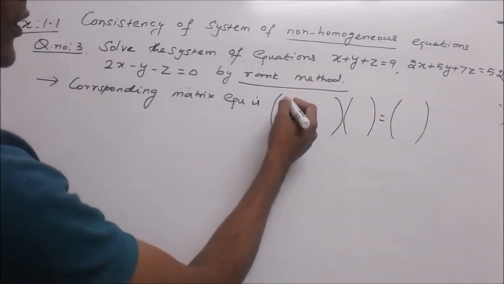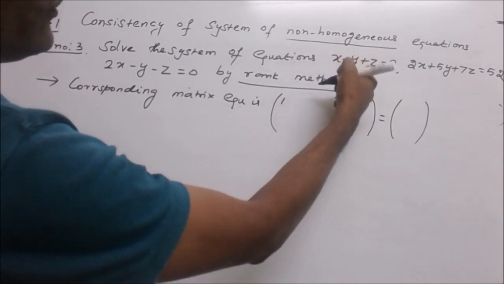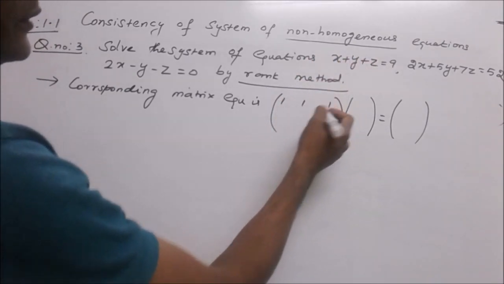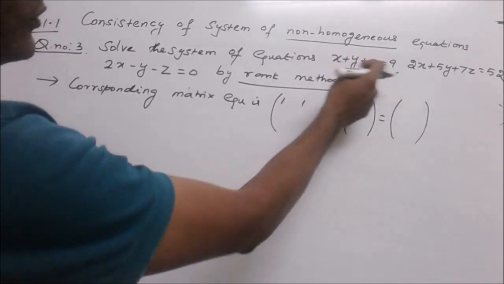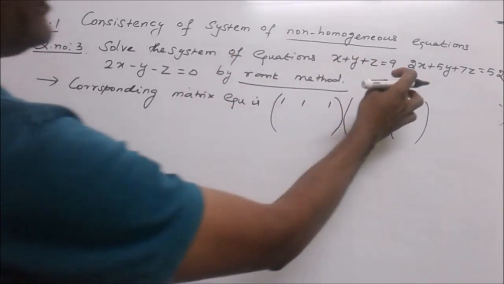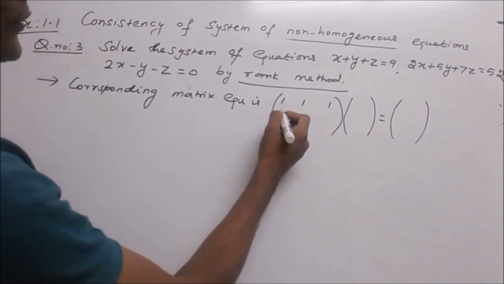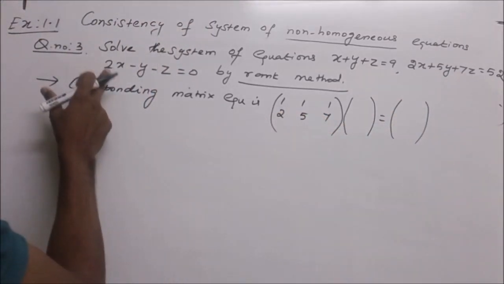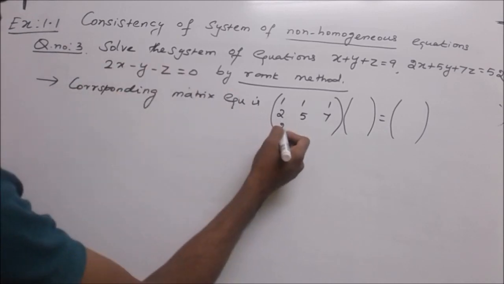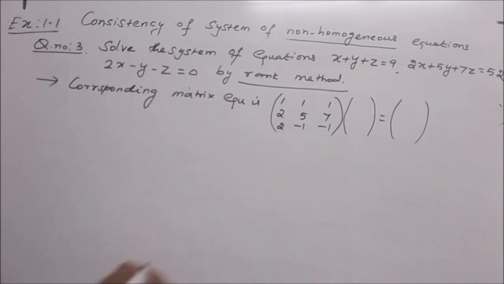Then for the second equation we have coefficients 2 5 7. And for the third equation we have coefficients 2 minus 1 minus 1.